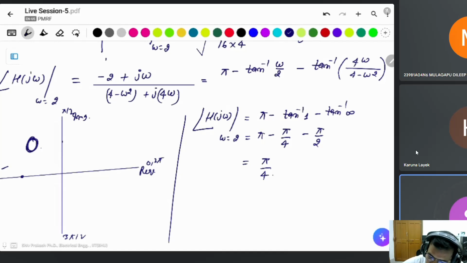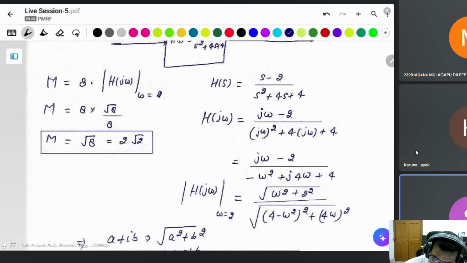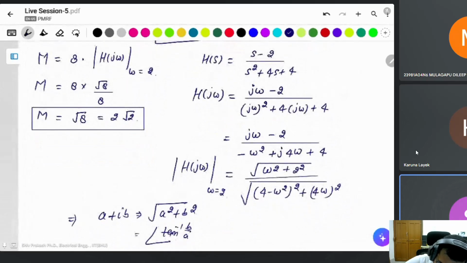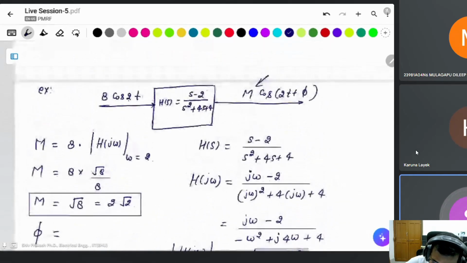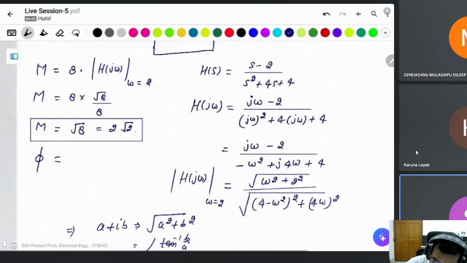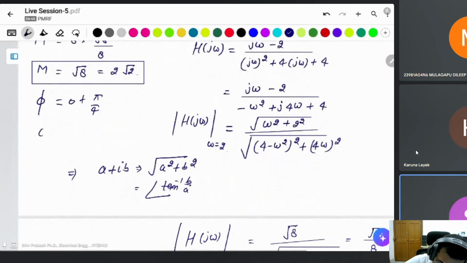is the angle. Okay. Then there is no other angle here, the angle is 0, then 0 plus pi by 4, so the final angle is pi by 4.